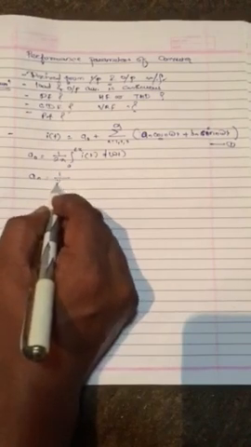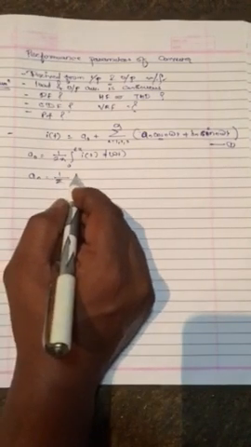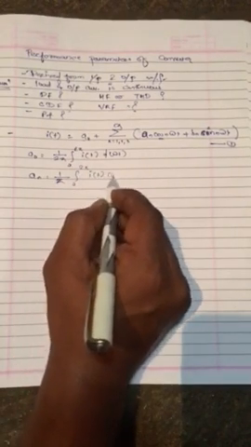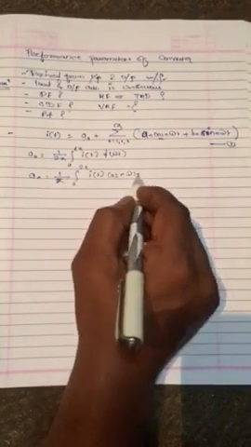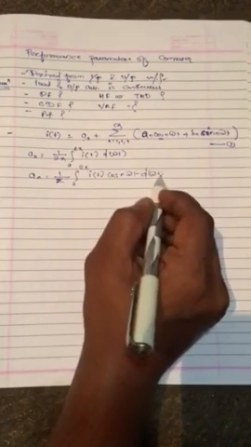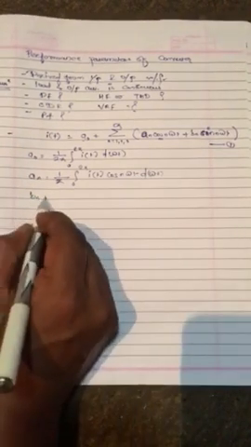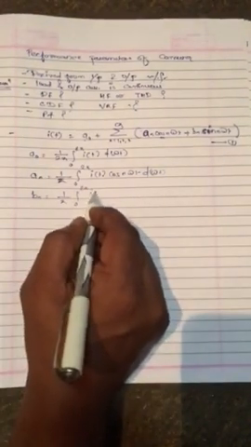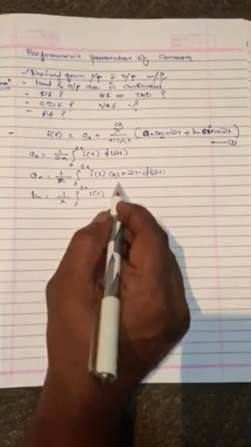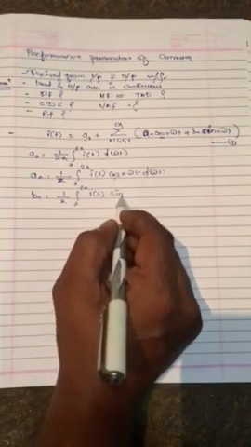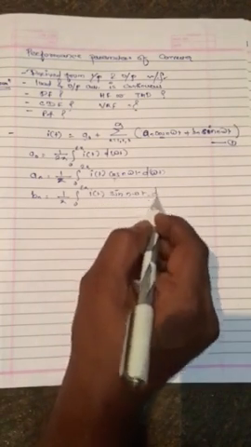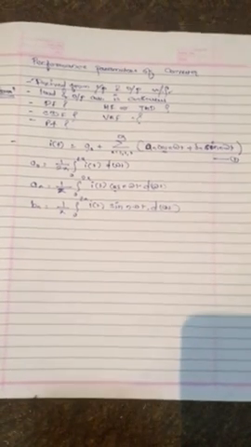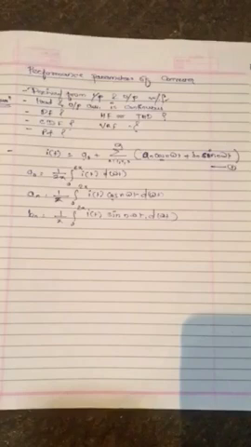An is 1 upon pi, integration from 0 to 2 pi of i(t) cos n omega t d omega t. Similarly bn is 1 upon pi, integration from 0 to 2 pi, everything similar, but instead of cos we have sine n omega t d omega t. This is how a0, an and bn can be expressed.